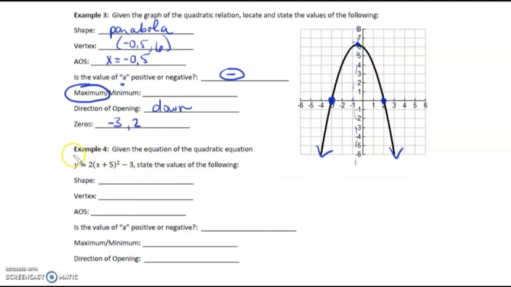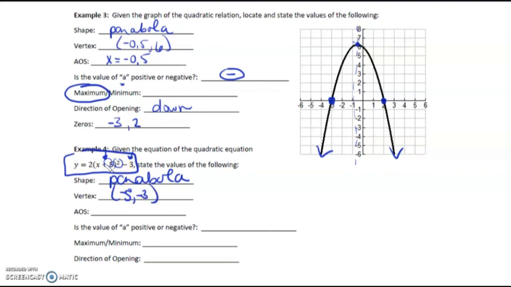Now, what if we're given the equation? So let's go through these and do the easiest ones, and then we'll actually calculate if we need to. So the shape of this, because it's something squared, like x squared, is a parabola as well. We know that this is a quadratic. The vertex is -5, -3.